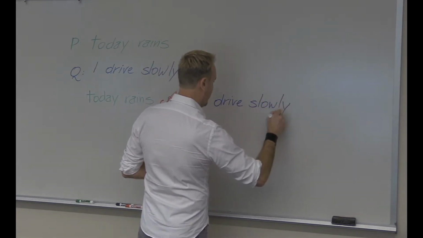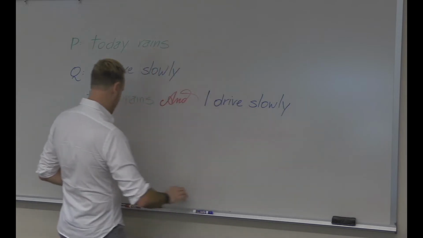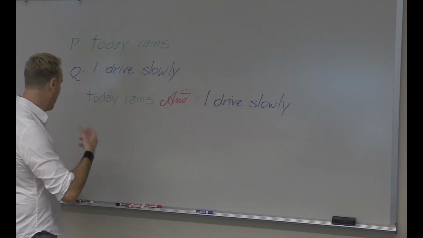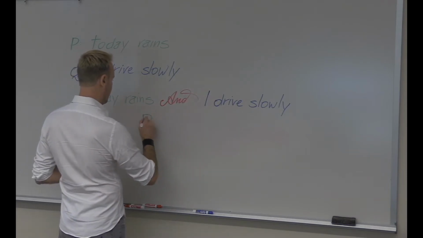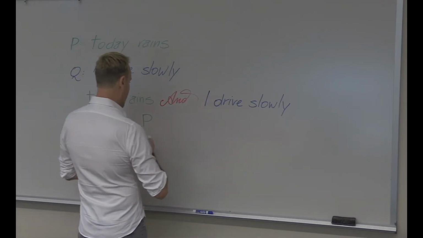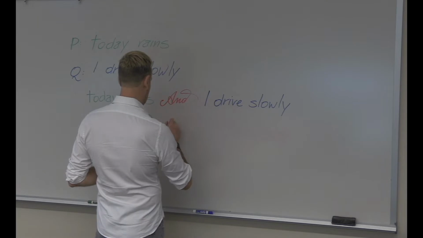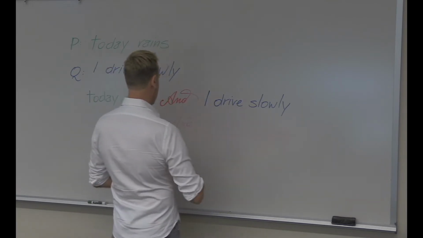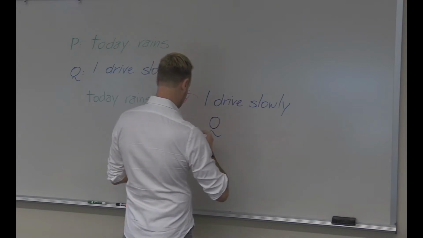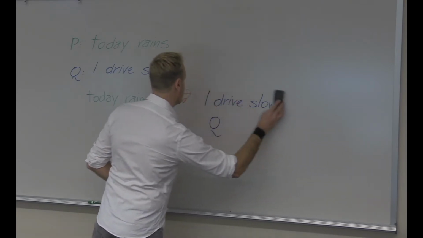Let's try to convert this to something that actually is more logical from our perspective. So today rains is P, and I drive slowly is Q. So we can remove this now.